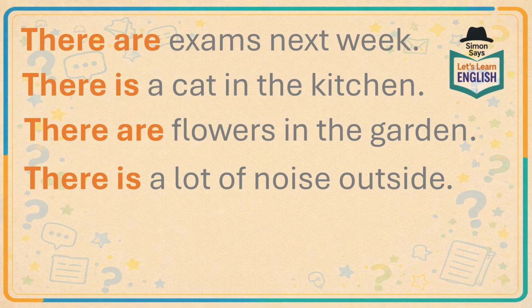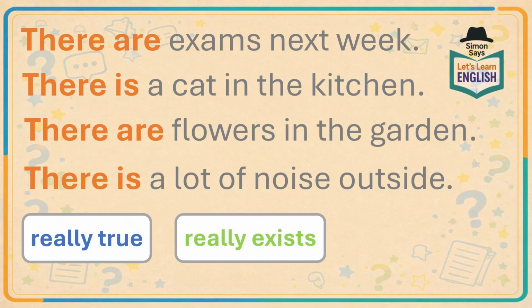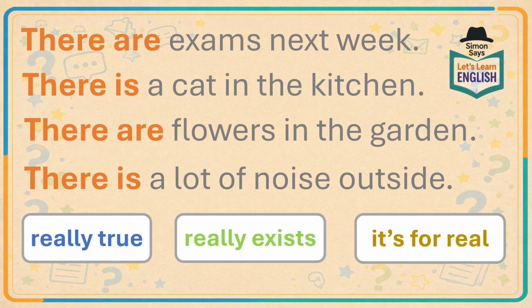Okay, so we normally use there at the beginning of a sentence or near the beginning of a sentence to tell us that something is really true, that it really exists, and that it's for real.